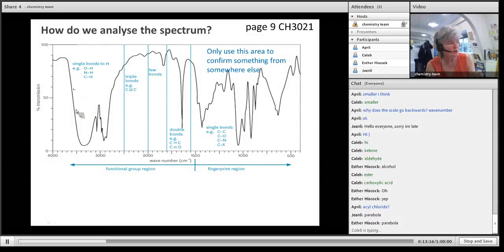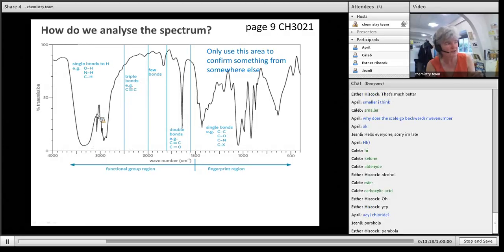This one we call, what sort of shape is this sort of peak? Think of your maths. A parabola, yep. So an OH, because it does hydrogen bonding. That's the other thing I should tell you, just for background.